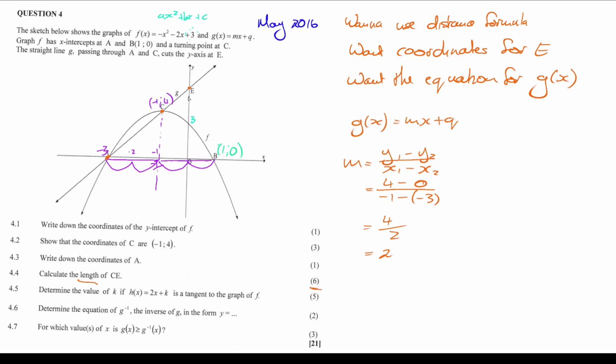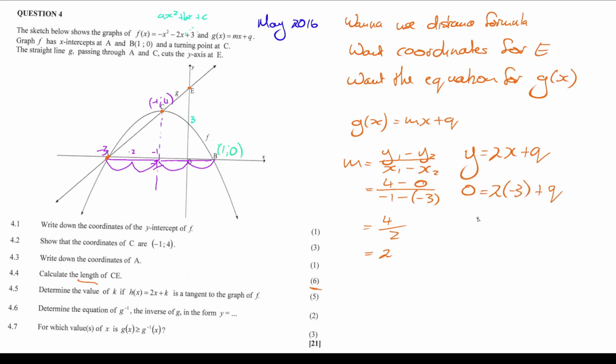Okay, and then I want to find one more. I have y equals 2x plus q. So I'm going to substitute in any one of my coordinates. I'm going to go with that one. X is 2 and y is 0.